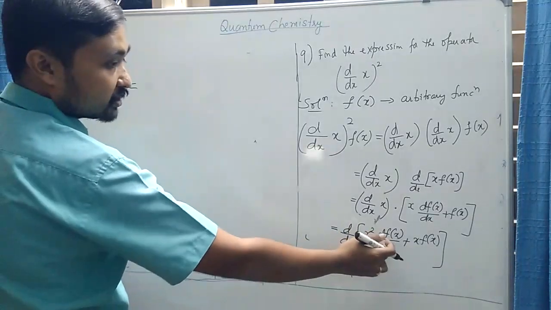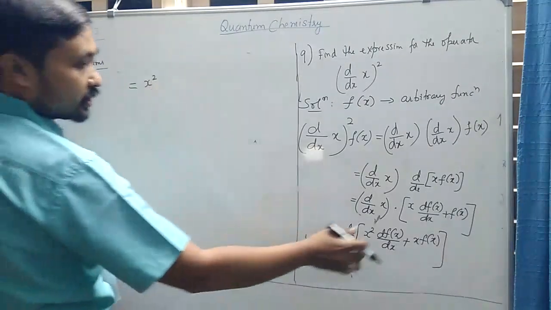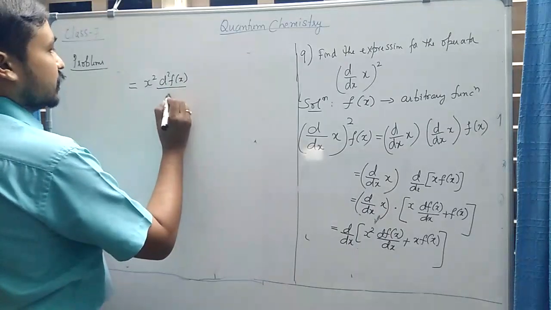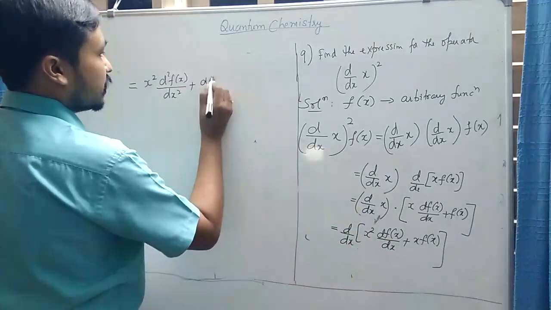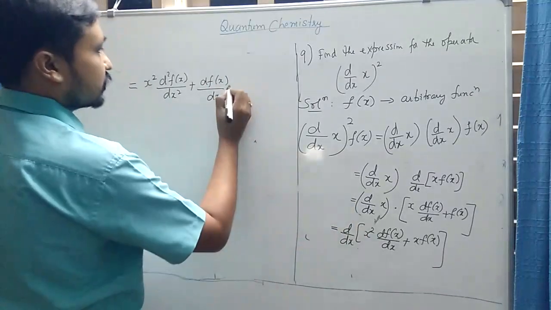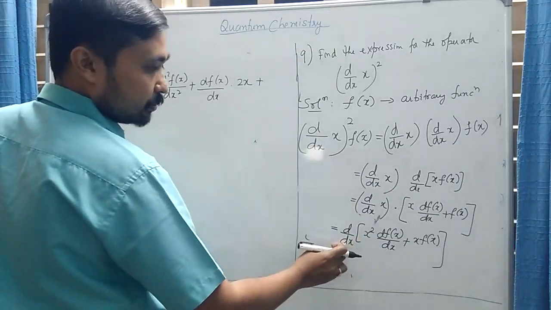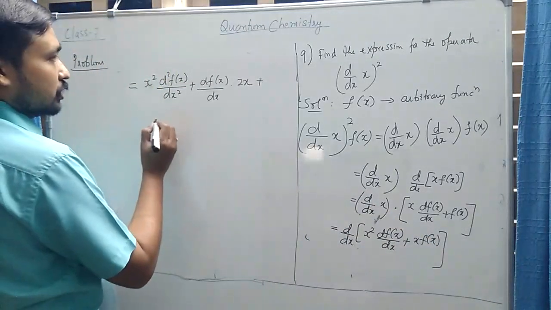Here you have two functions, so we have to apply the product rule. First function into differentiation of second function, so it becomes d²f of x by dx² plus second function df of x by dx into differentiation of first function, that is 2x, plus this operator is applied on the second term, which is also multiplication of two terms.